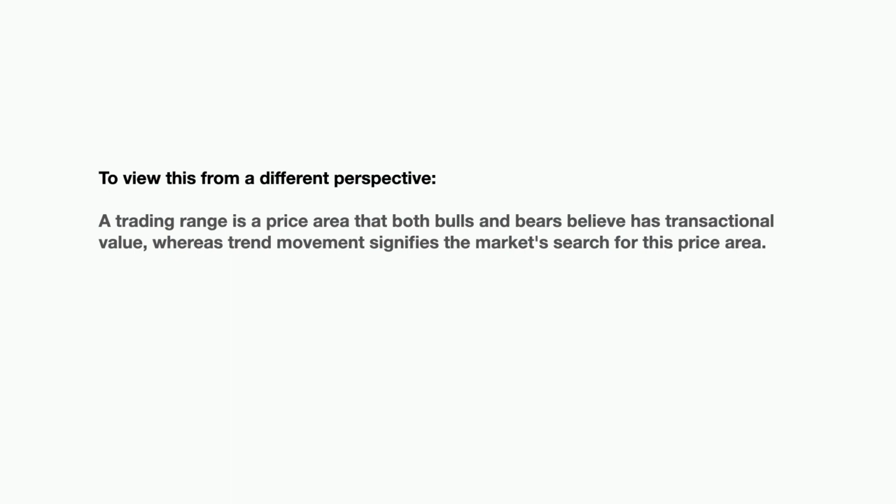Bulls and bears then participate vigorously in the market again, forming a new trading range. There are only two types of price movements, trending and non-trending, or in other words, trend and range. The market breaks out from a value area, seeks a new value, breaks out again, pauses, and this cycle repeats. This is the basic principle of price movement.